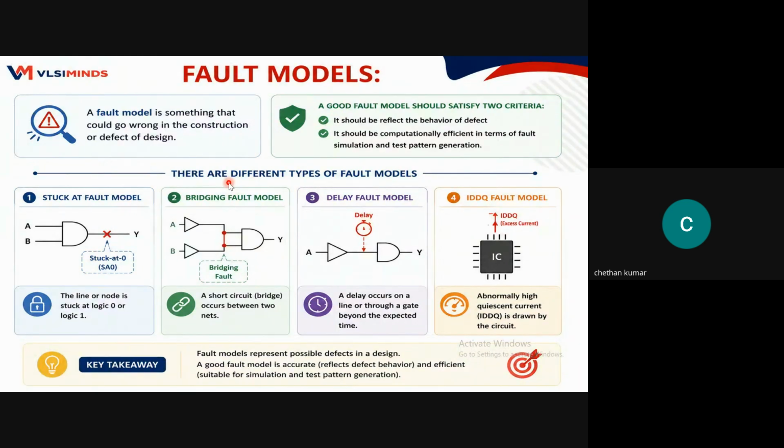We tell the tool what kind of faults to target. During testing at ATE also, we handle these models separately. We deliver the patterns separately, both for stuck-at and for at-speed.